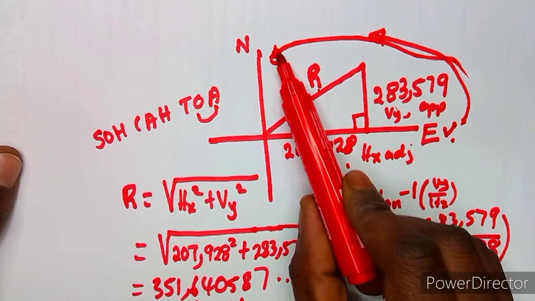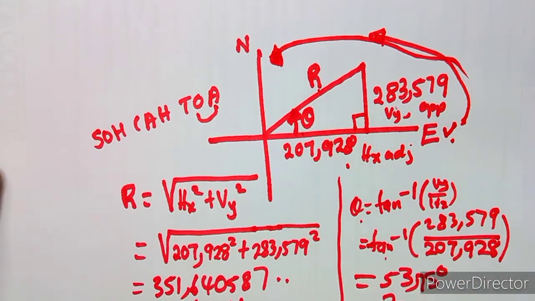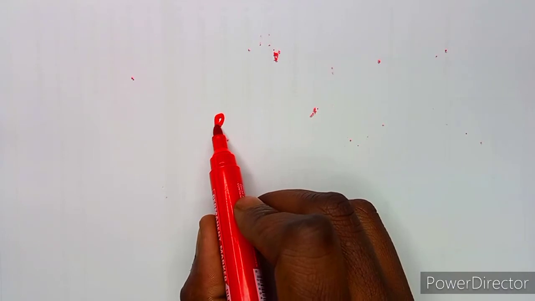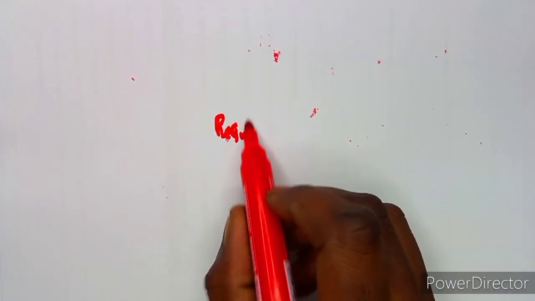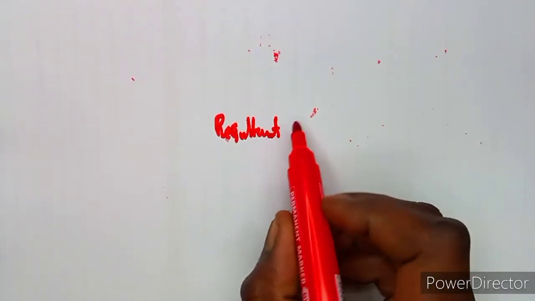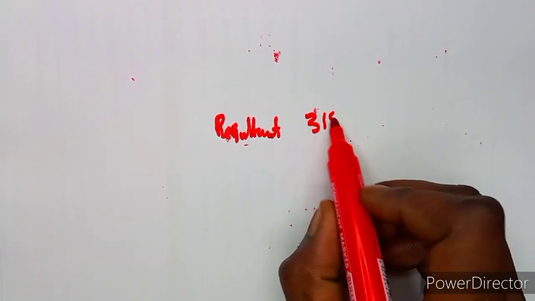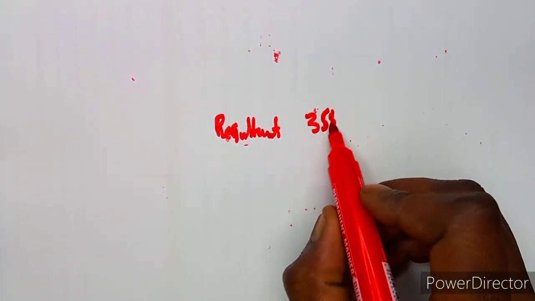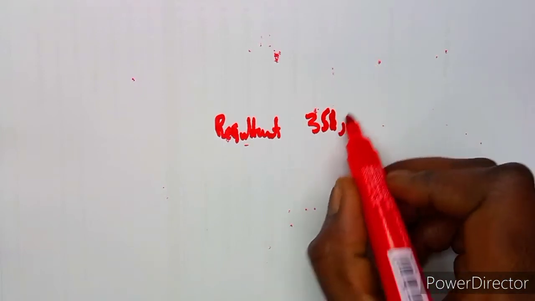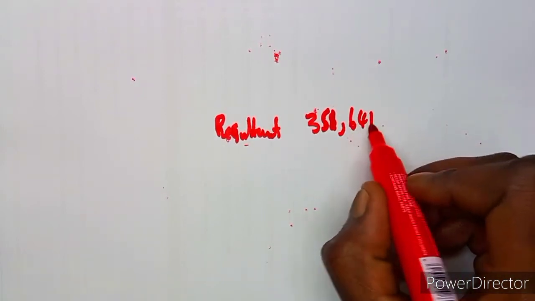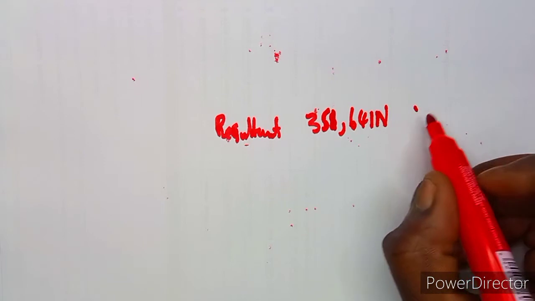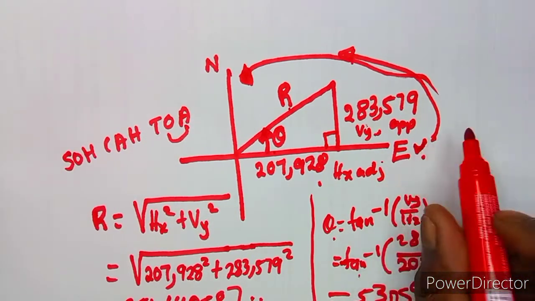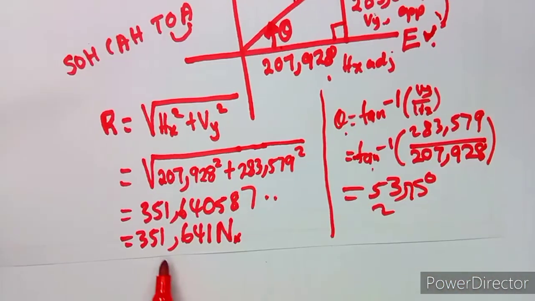So if it is east going to the north like this, that means I can write the resultant, which is 351.641 newtons, like this. Then it's east. Remember, this is the resultant that we have taken.